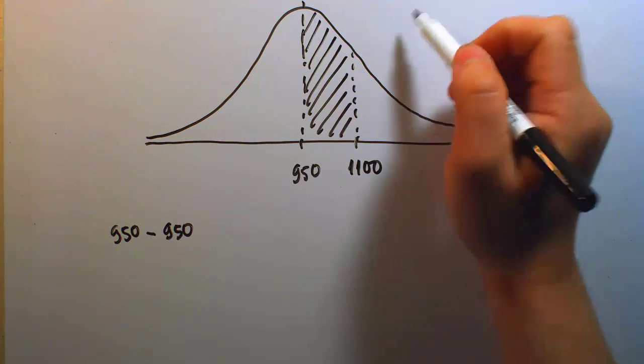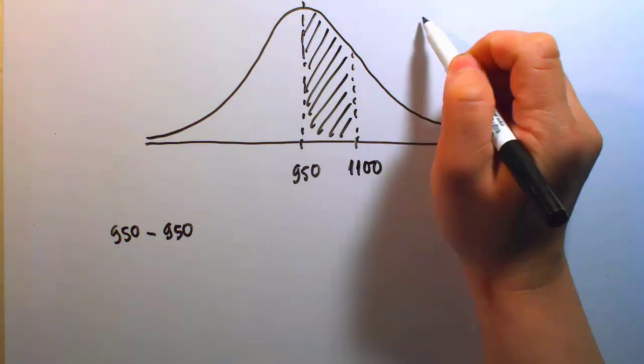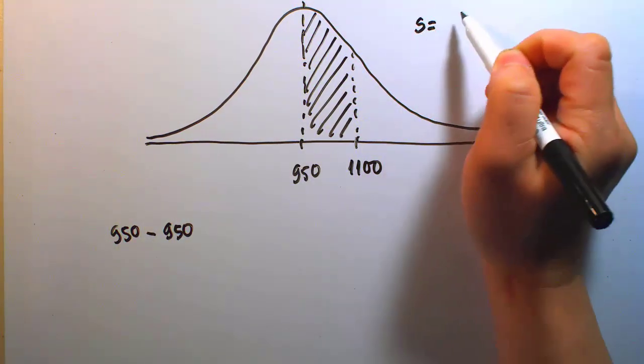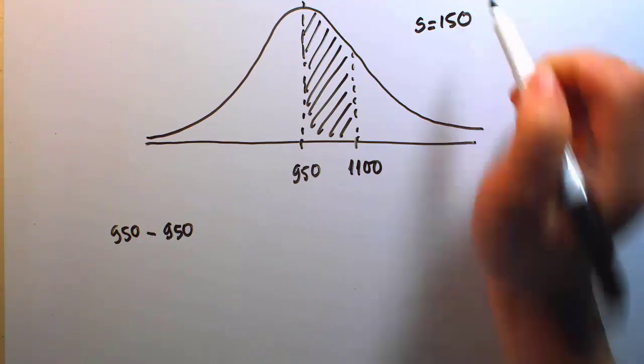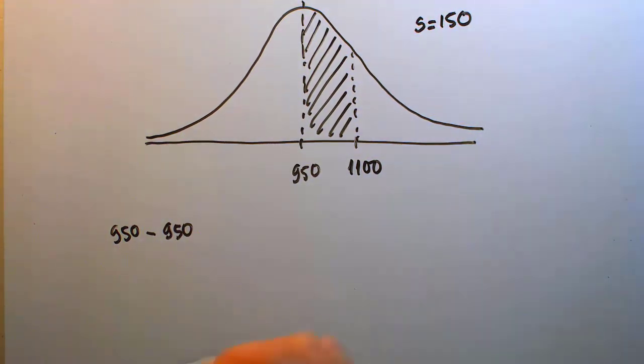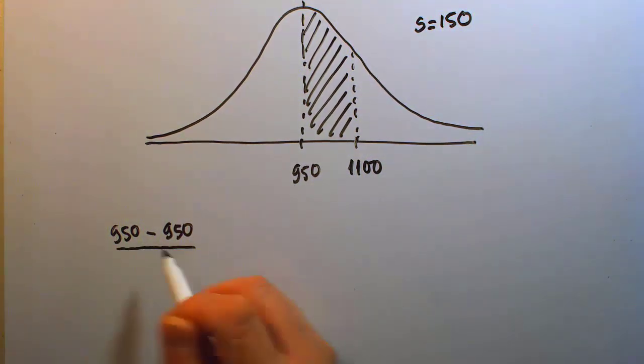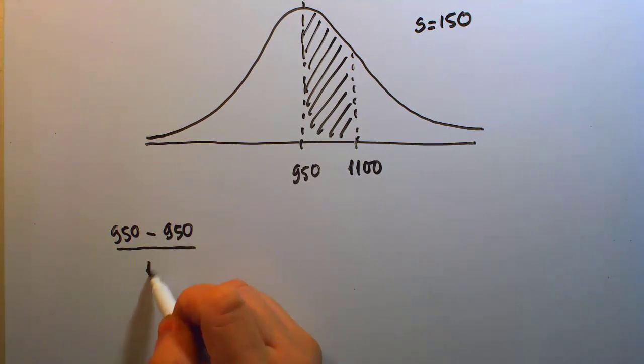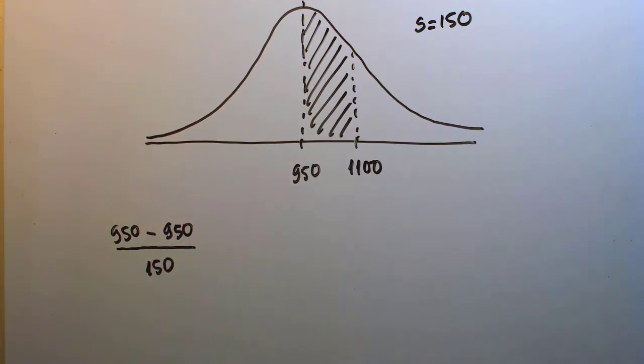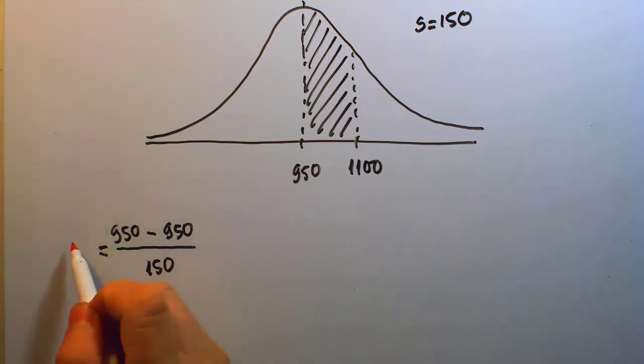And notice, again, that anytime we're drawing the bell curve, the standard deviation should be noted somewhere. And so now that difference, I am going to divide by my 150. After finish writing that down, I hope everybody recognizes this is exactly the z-score. This is my z-score.